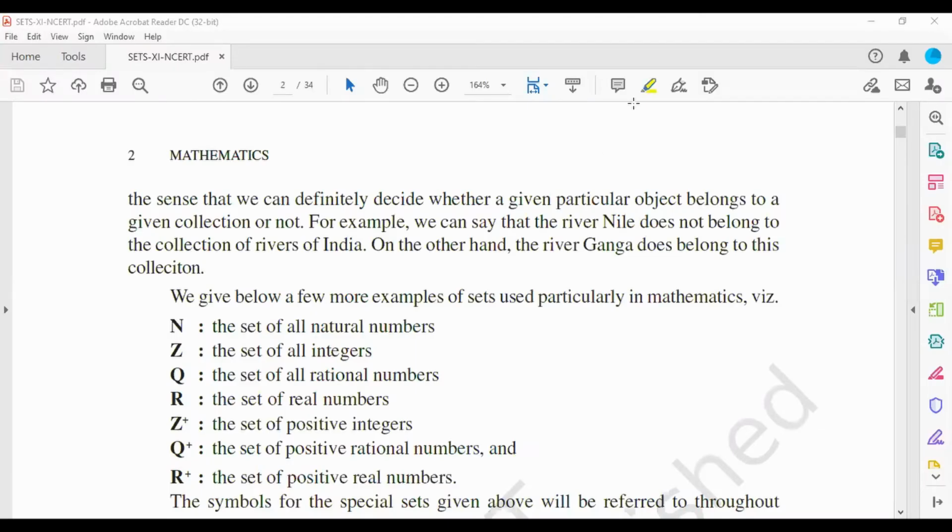We added capital C and W, set of complex numbers and W set of whole numbers. Thank you. Okay, so noted. Yes, sir. Fine.